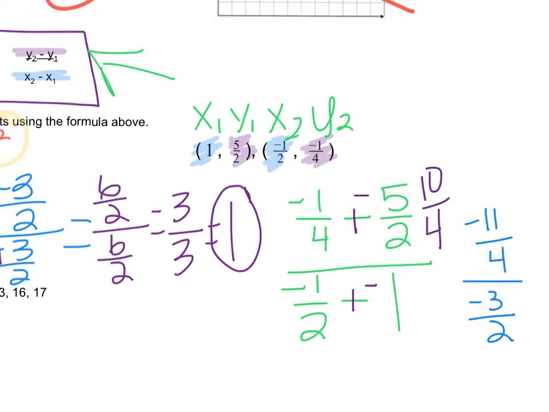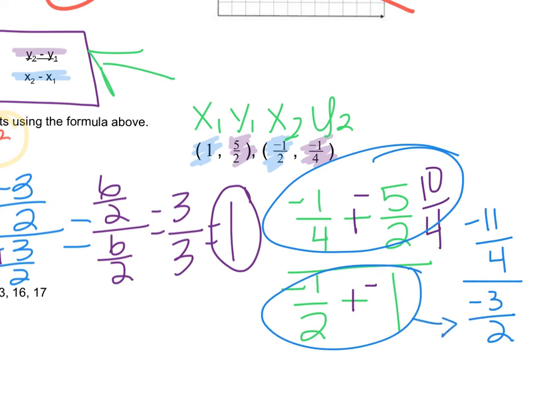Okay, so far, I went ahead and I did that, and I got a negative 11 over 4. And then I went ahead and did this, and I got negative 3 over 2. Now you're going to have to divide those. So in your calculator, you can put negative 11 over 4 divided by negative 3 over 2.